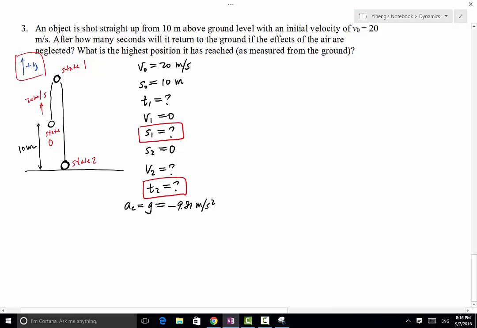And we know that we can apply 3 equations to any 2 states.